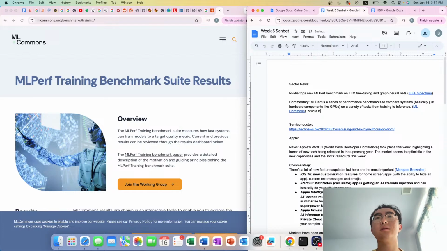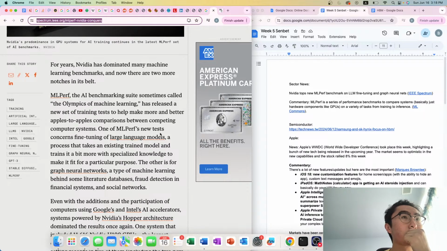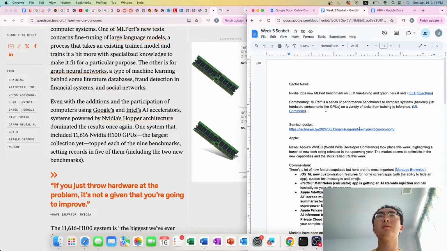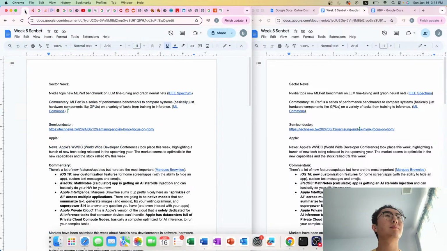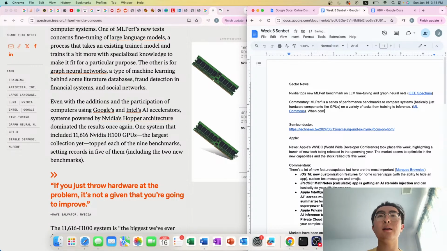Further, okay. Comparing companies that make AI accelerators: Google, Intel, AMD.